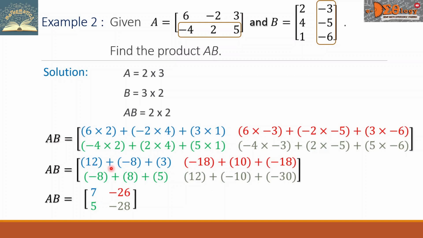So we have here 12 plus negative 8 plus 3 is 7. Negative 8 plus 8 plus 5 is 5. Negative 18 plus 10 plus negative 18, that is negative 26. 12 plus negative 10 plus negative 30, total is negative 28. So we see here, as expected, the size of this product AB is 2 by 2. This is the answer.